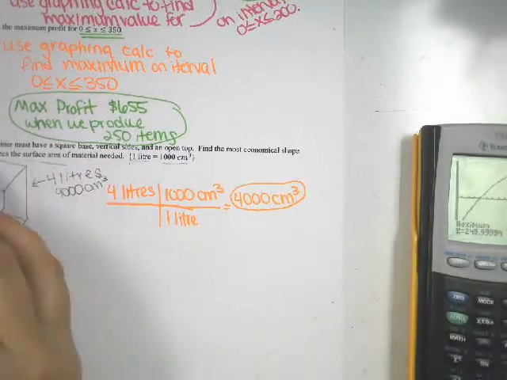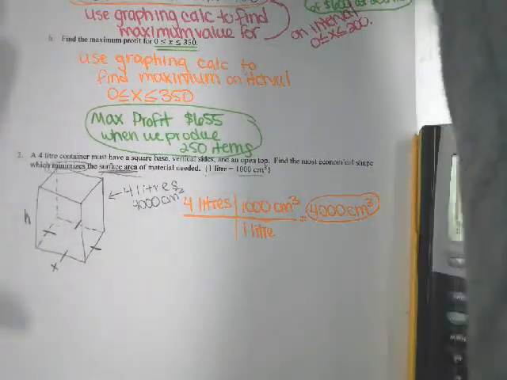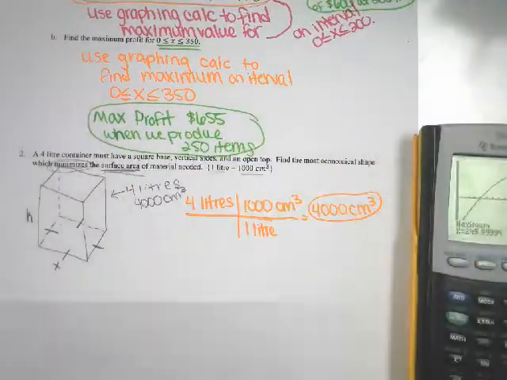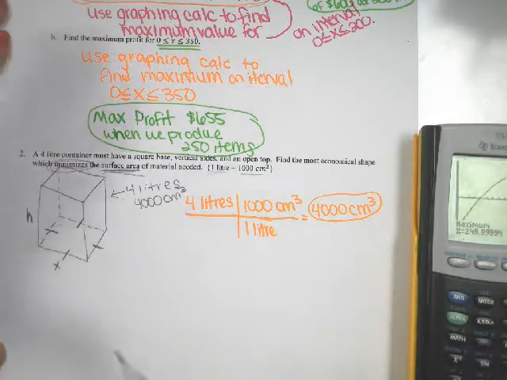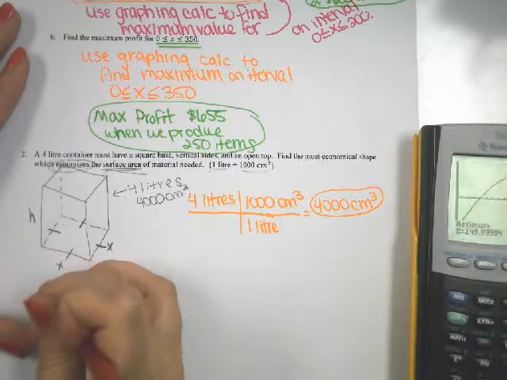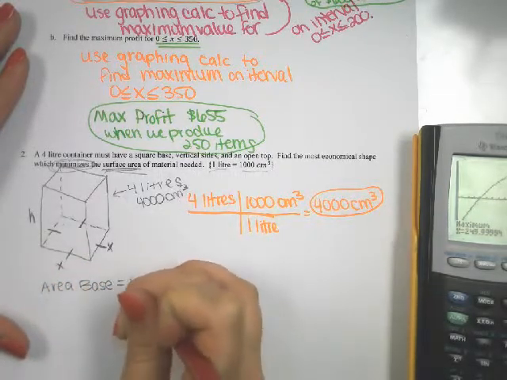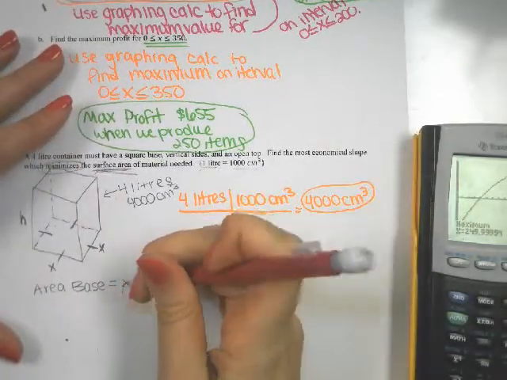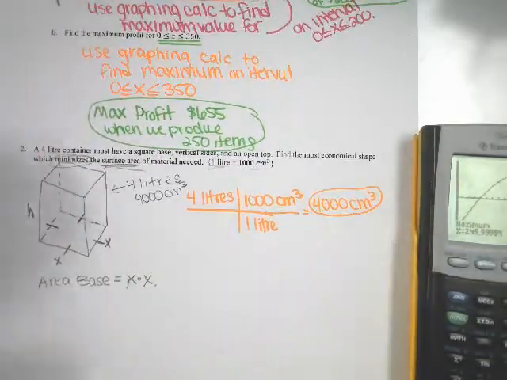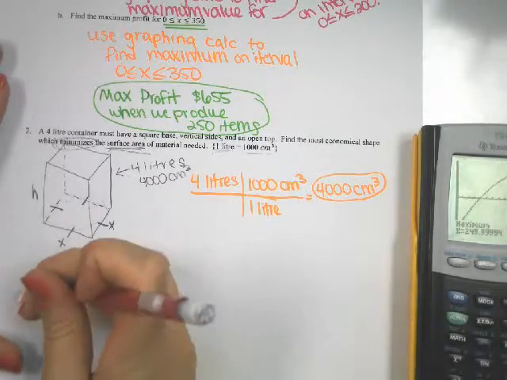It wants us to minimize surface area. Surface area is all of the areas of the faces added together. It doesn't have a top. If we call the base x, then the area of the base is x times x, and there's only one base. The top is open.